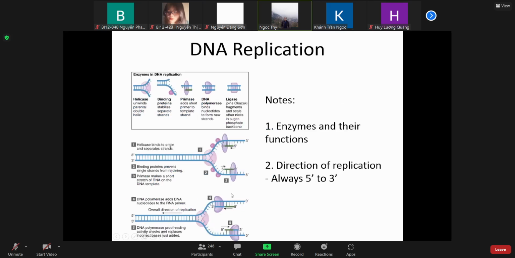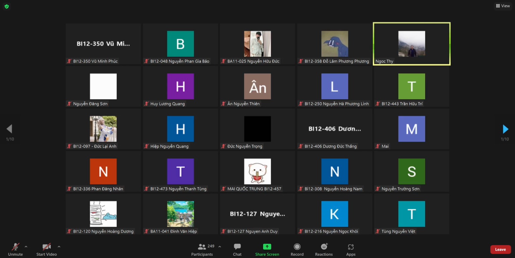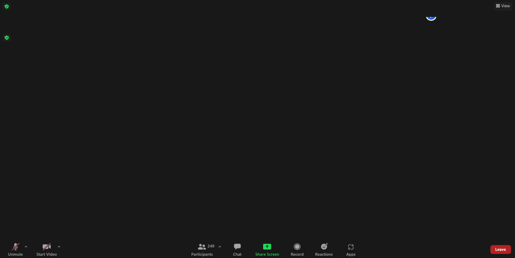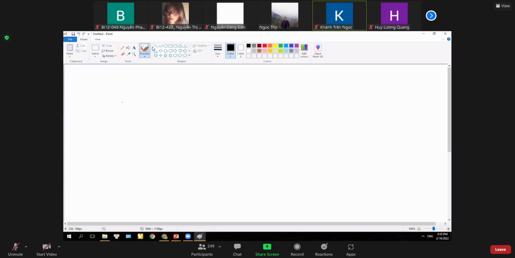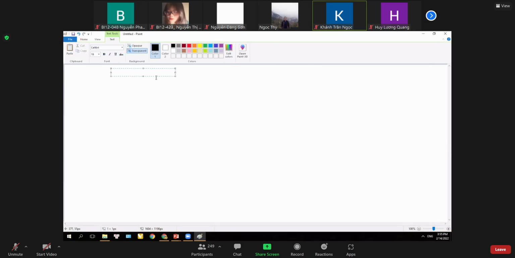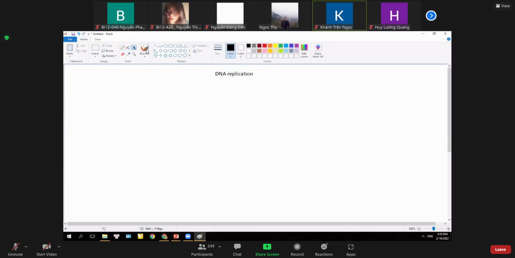So first, from the double-strand DNA, I will share my screen. So, DNA replication. First we have double-strand DNA here, okay?